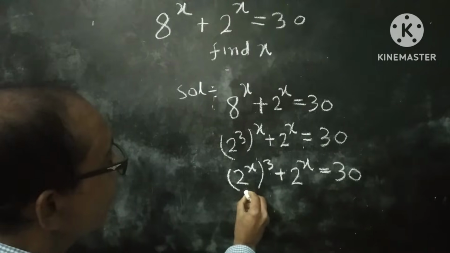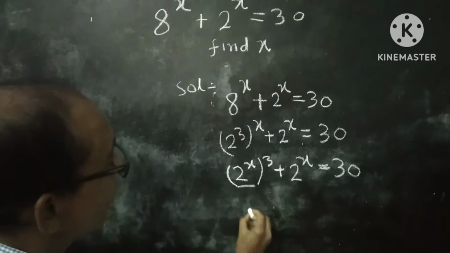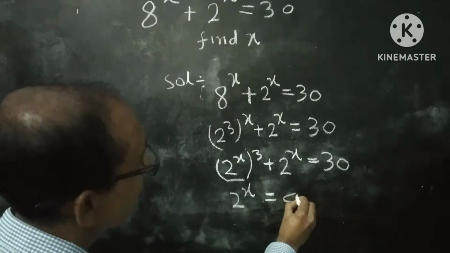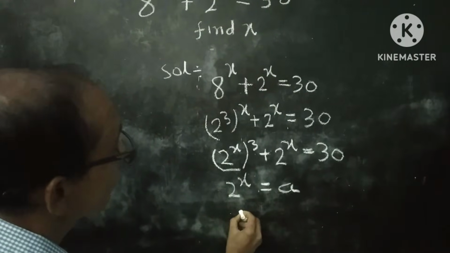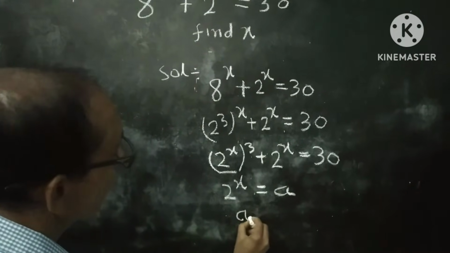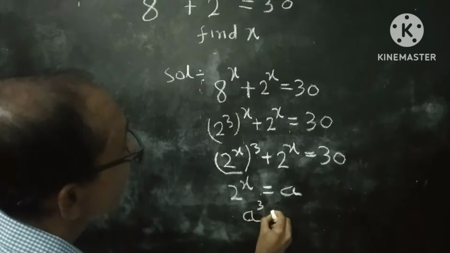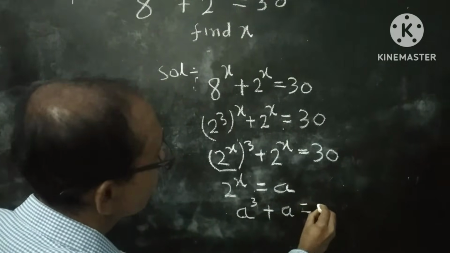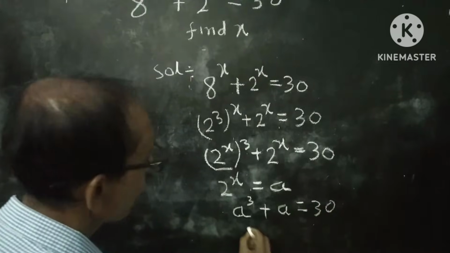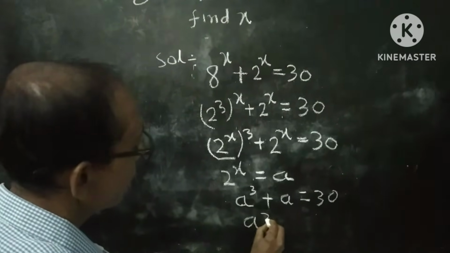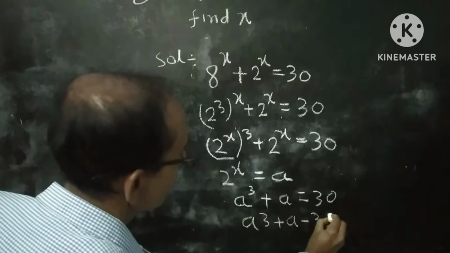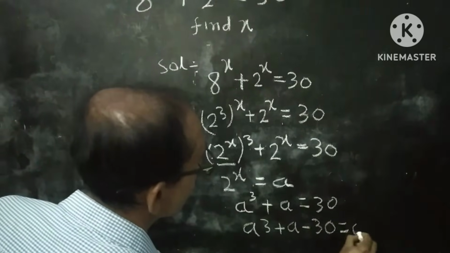Now here we take 2 to the power x as a. 2 to the power x equal to a. Then the equation becomes a to the power 3 plus a equal to 30, or a to the power 3 plus a minus 30 equal to 0.